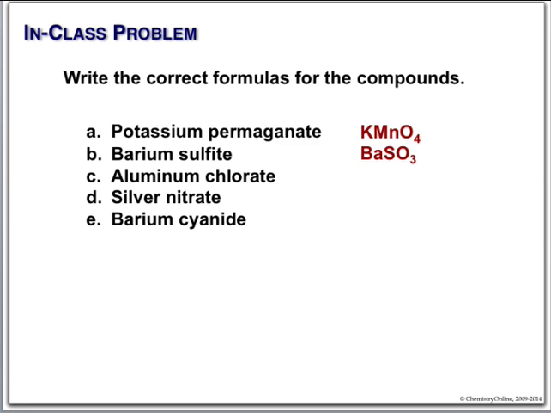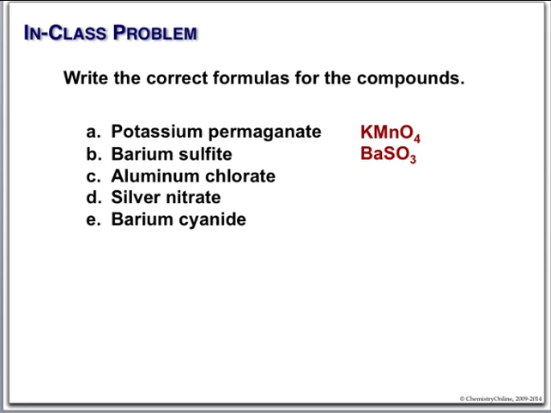Chlorate was the parent for the chlorine group, right? This is a ClO3 with a single negative charge. So it's a -1. Aluminum, however, lives all the way over here, and it's a +3.